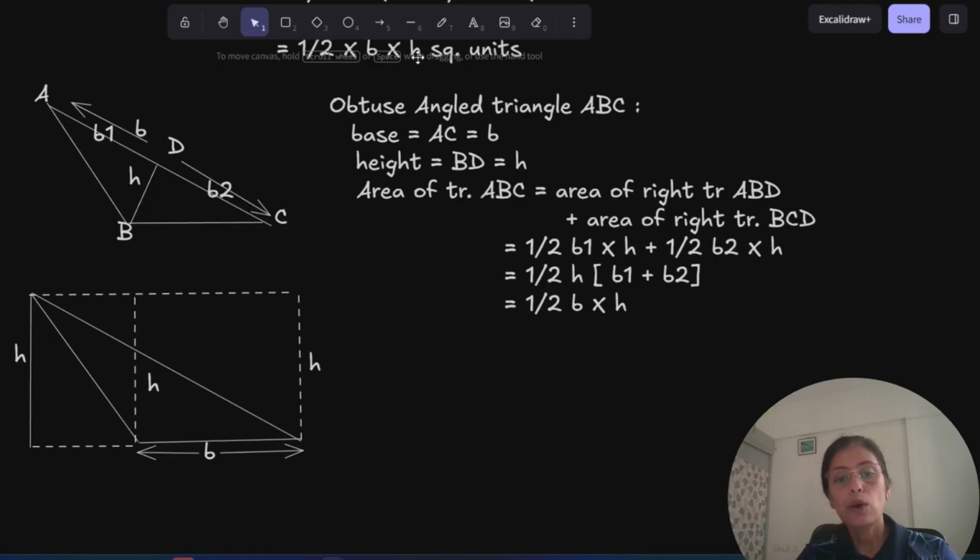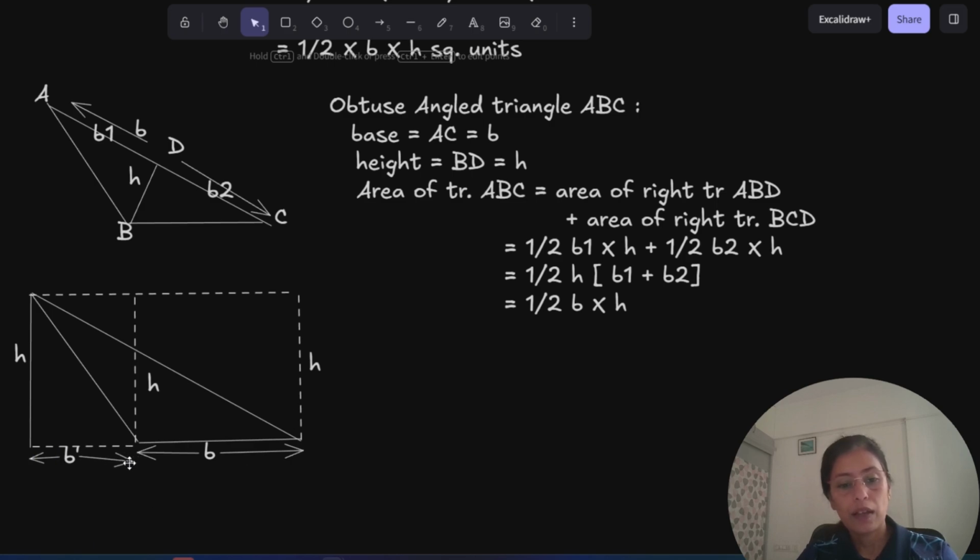Okay. Now what I can do is I can assume that this length is B dash. So B dash is from here to here.